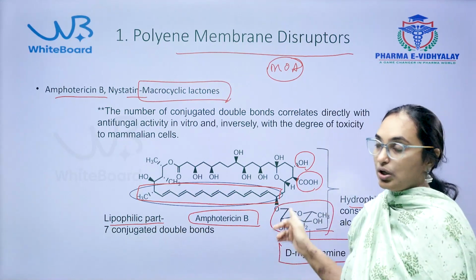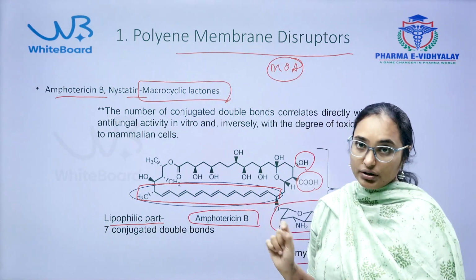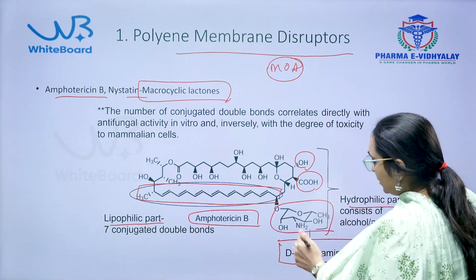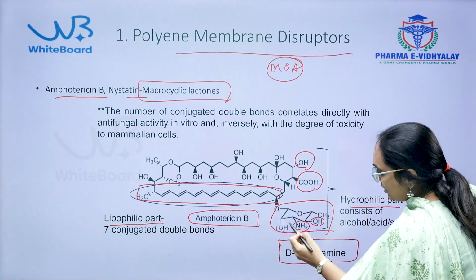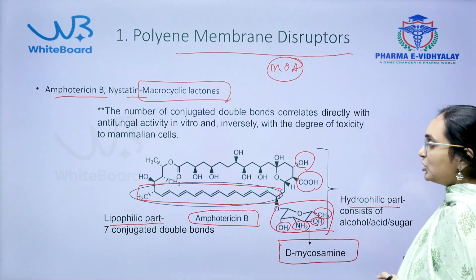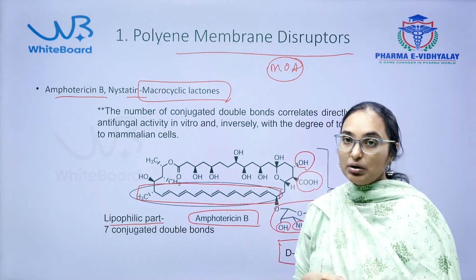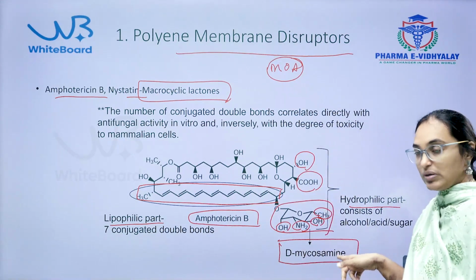So, the sugar molecule present in amphotericin B is called D-mycosamine. In D-mycosamine, you will have one amine group, 2 hydroxyls and 1 methyl group. Which of the following is a sugar molecule present in amphotericin B? It is D-mycosamine.